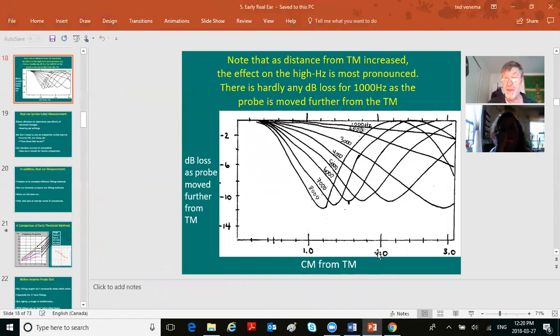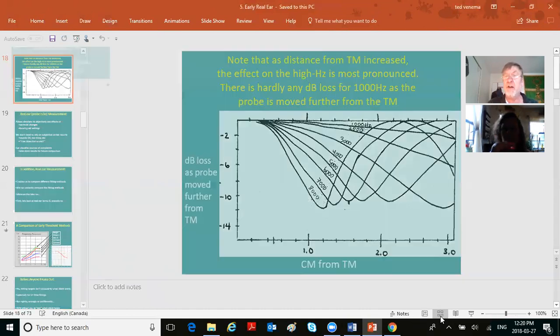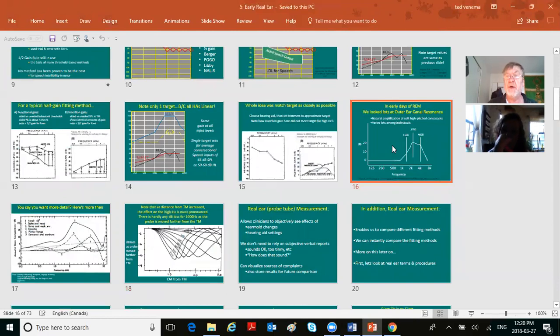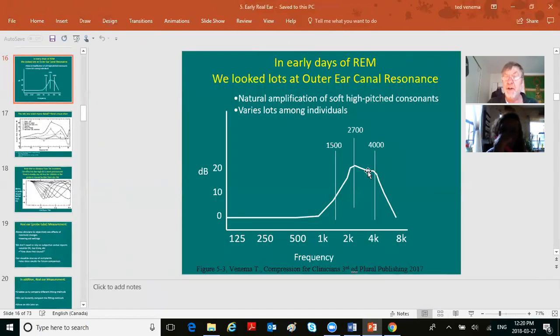You can see centimeters from the drum. The further the tip of the tube is from the eardrum, look at your loss of high frequencies in your real ear unaided response. Your REUR will not look very much like an REUR. Okay, you're really going to lose these highs if the tip of the tube is not inserted nice and close to the drum.